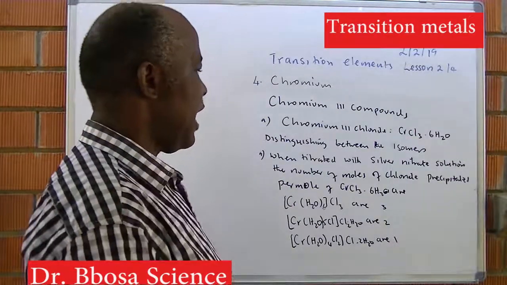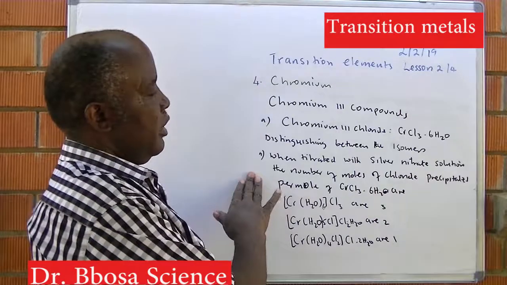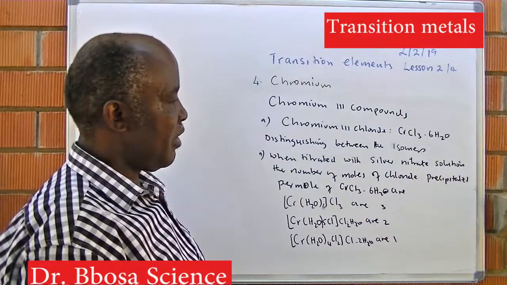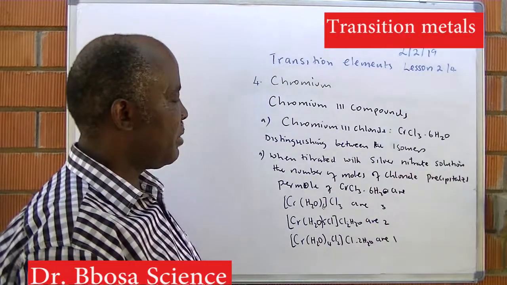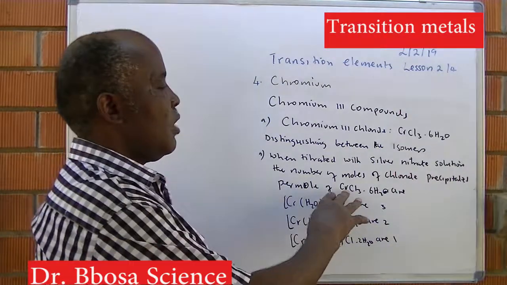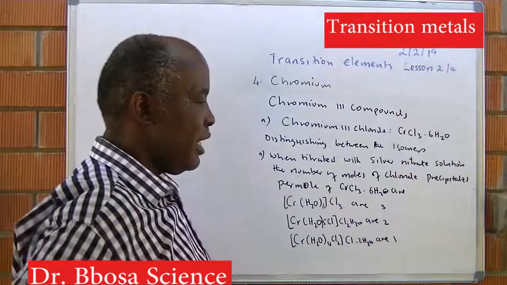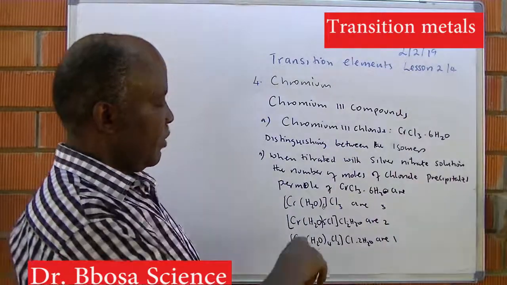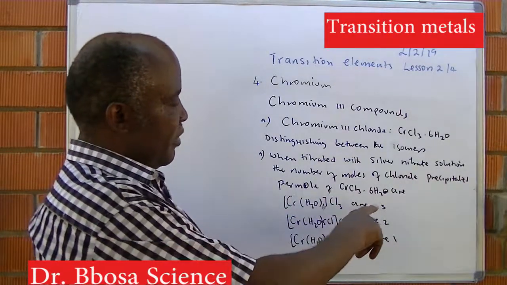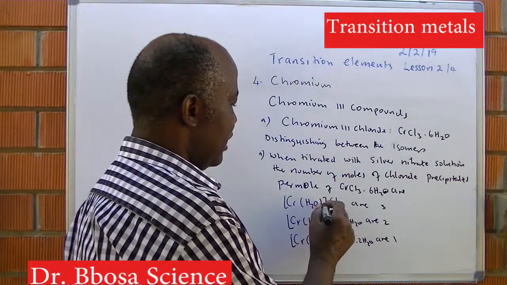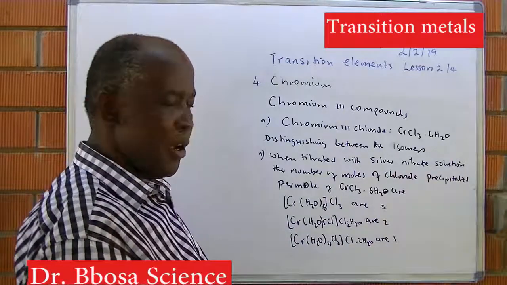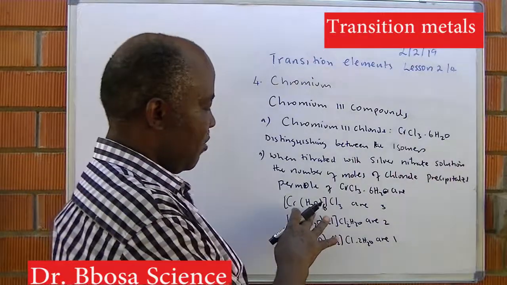Distinguishing between the isomers: A, when titrated with silver nitrate solution, the number of moles precipitated per mole of chromium(III) chloride hexahydrate differs. This complex will precipitate 3 free chloride ions, showing that the chloride ions are free to ionize. The water is bound.